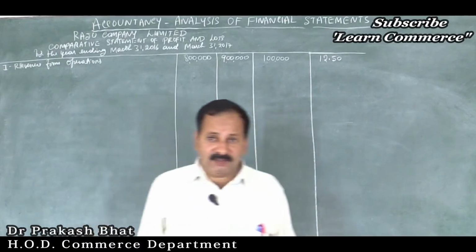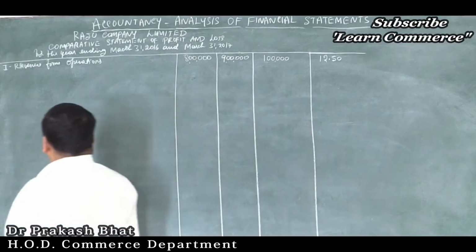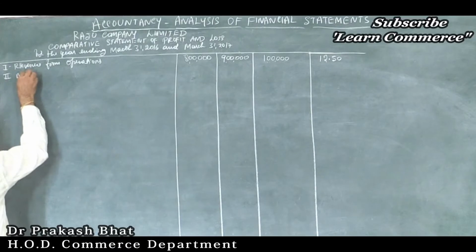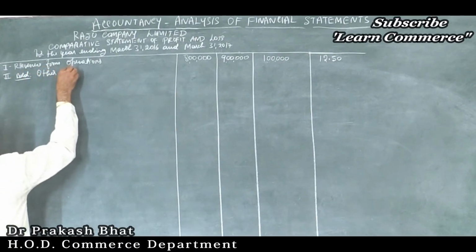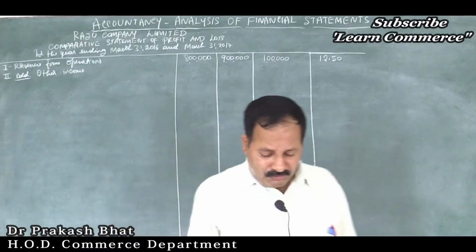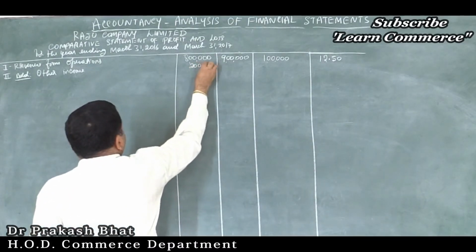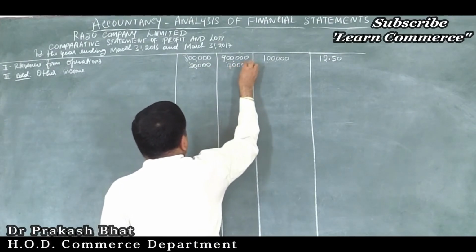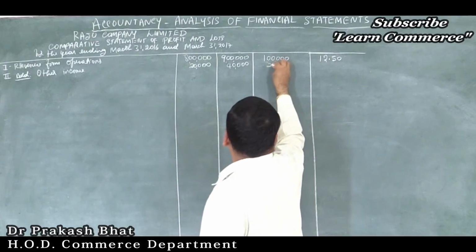Then next point is other income. Other income, how much is it? 20,000 and 40,000, right? So there is an increase of rupees 20,000.